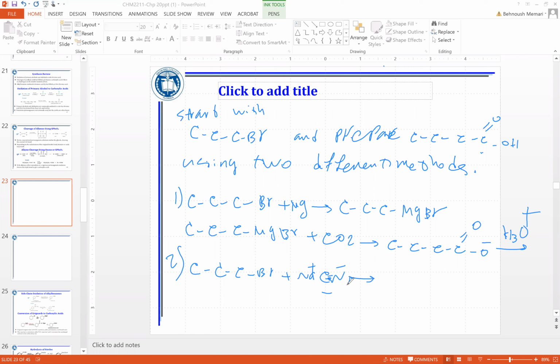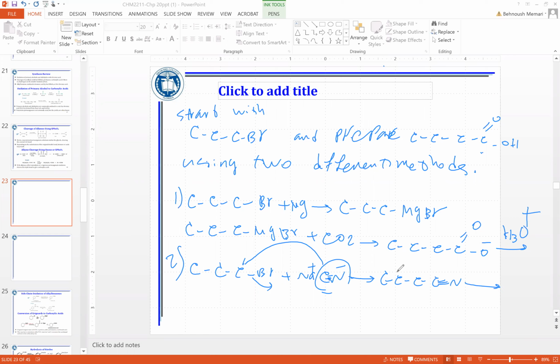This is an SN2 type reaction. Your nucleophile, the CN with the negative charge, is going to replace the Br. Br is going to leave, and you end up with a 4-carbon nitrile.